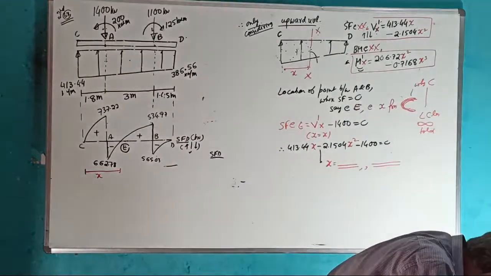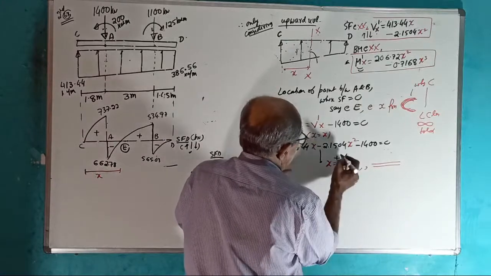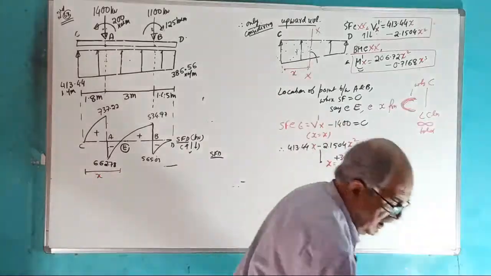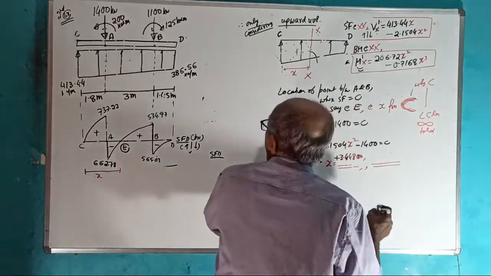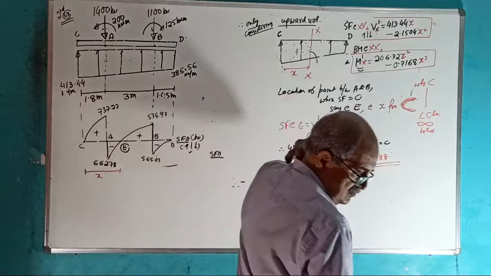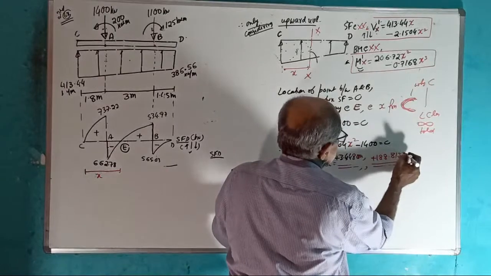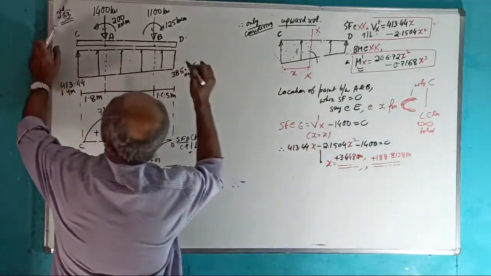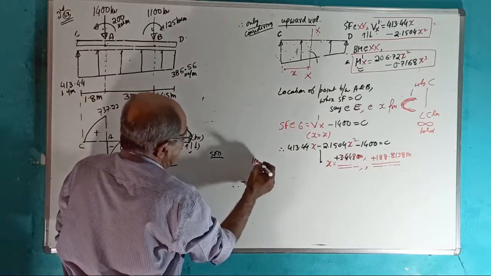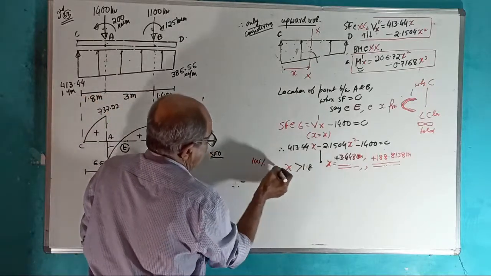Answer: 3.4480 meter is one value. The second value is 188.8138 meter. Now, since the point is between A and B, at x from here, your x should be more than 1.8 but less than how much?